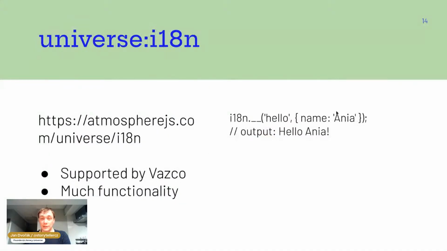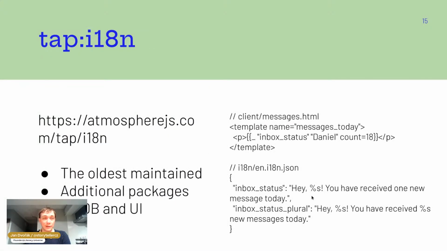If we come back here, for example in Tap, you're just putting in a thing, and as you can see, you have to have two plurals, which is actually a wrong approach to translations, because then you have to do two things. First of all, you have to determine when to use the plural or not. There are also some languages which don't use plurals. I'll show you in a second how it's done in the message syntax.